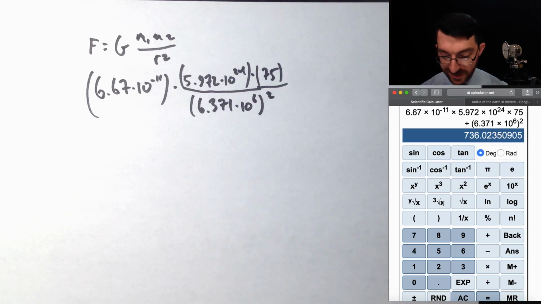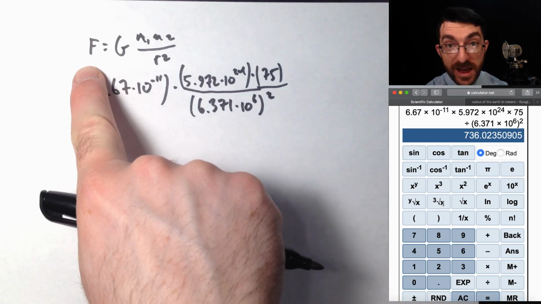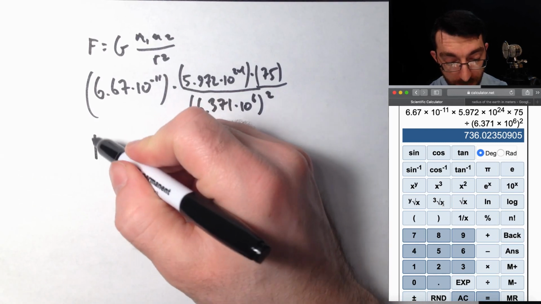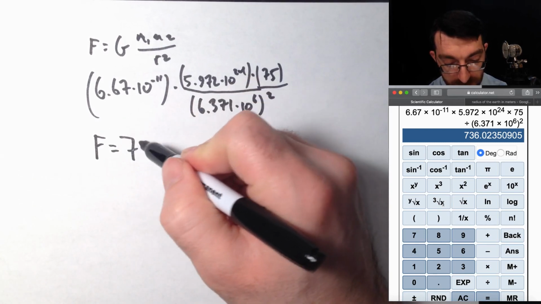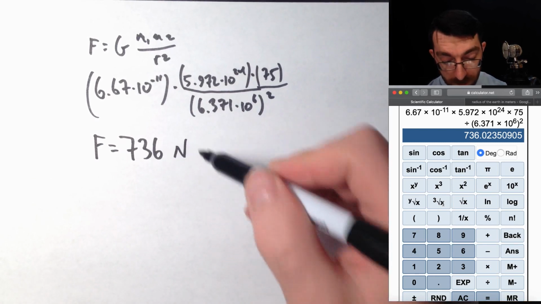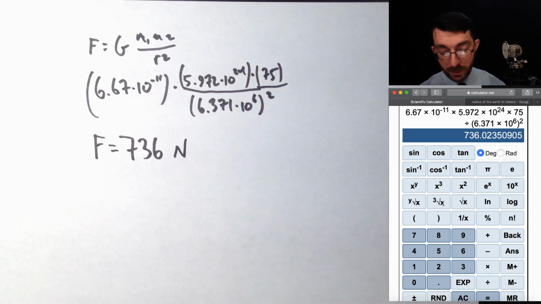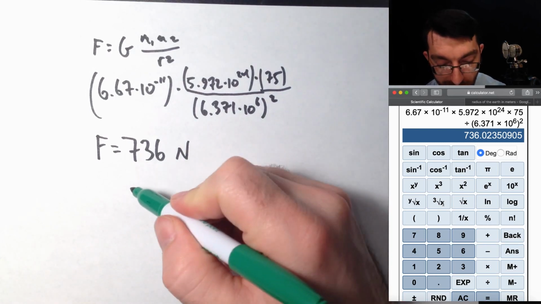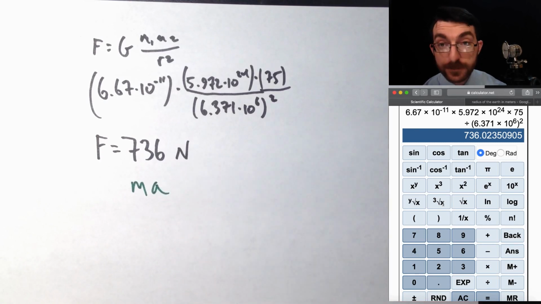736, almost exactly. What does this represent? Well, this is an F, right? So F equals 736 newtons. Okay. Well, newtons is the unit of force. So that means we are comparing this to F equals ma.